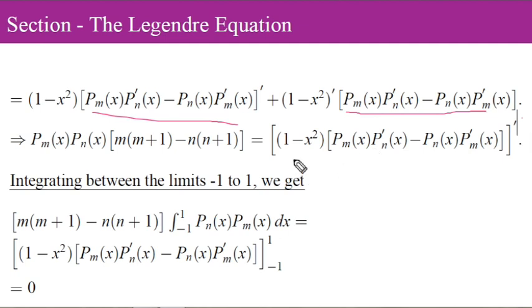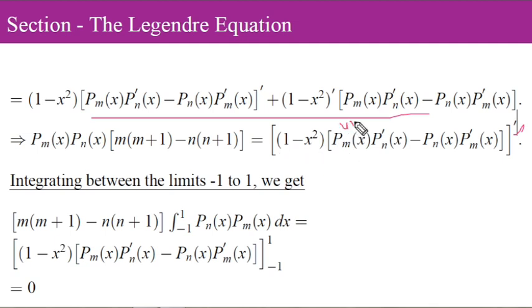So next step we write 1 minus x square into pm of x pn dash of x minus pn of x into pm dash of x, whole dash.